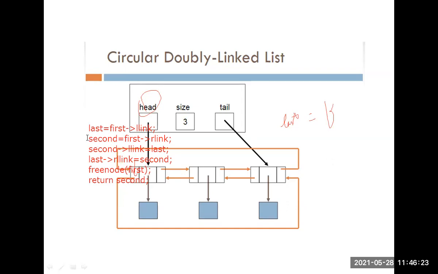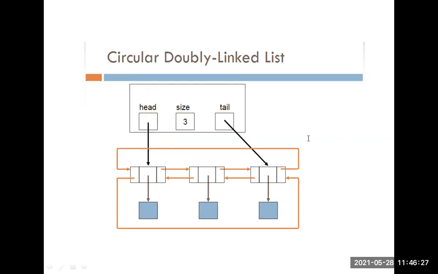So we consider last equal to first of left link. Then we consider some previous variable. Previous equal to last of left link.